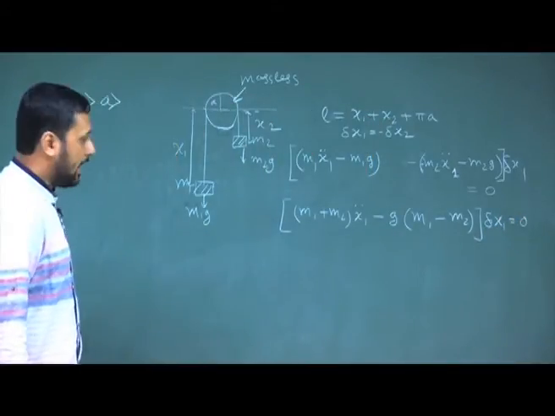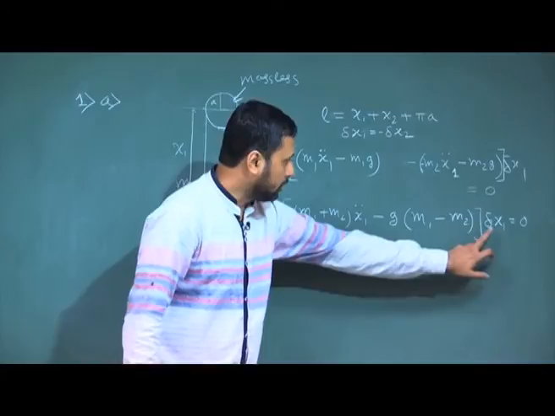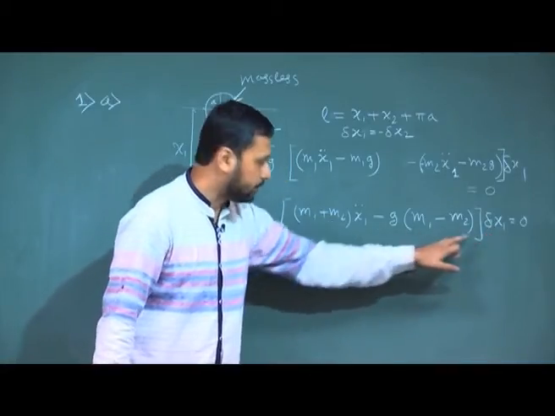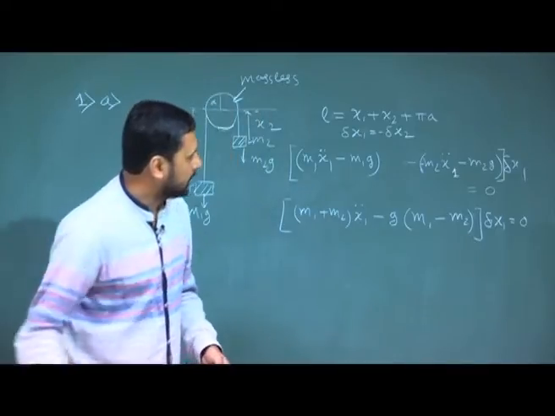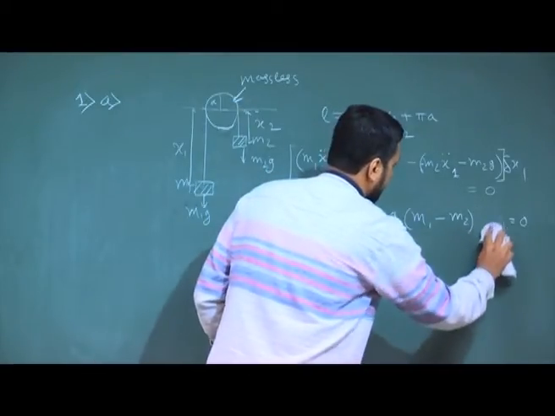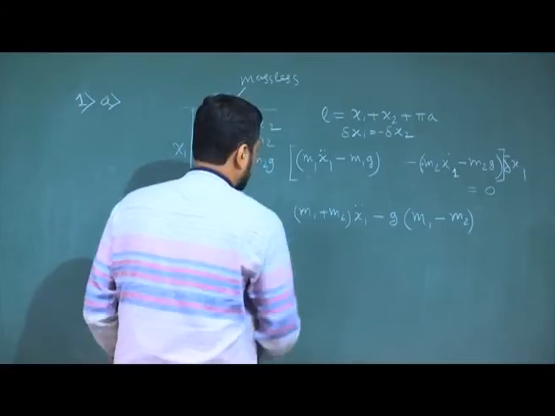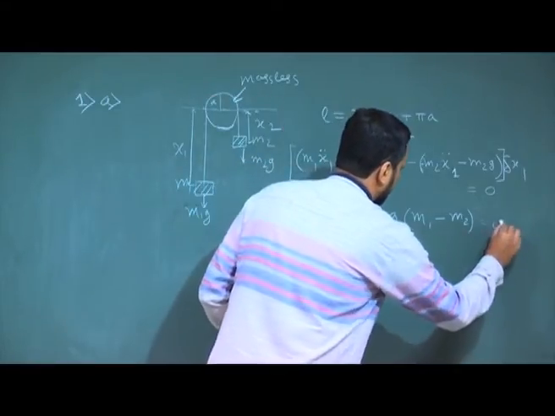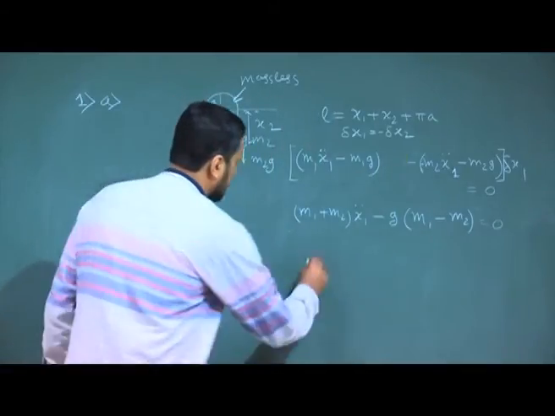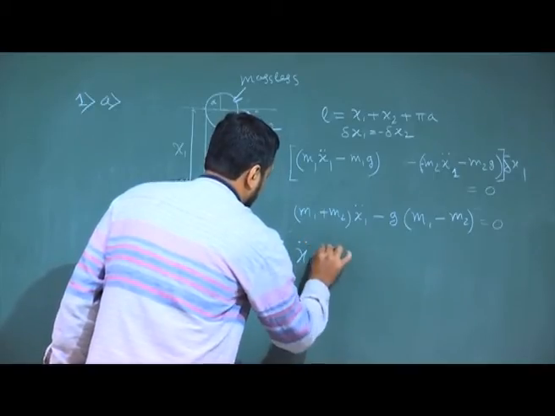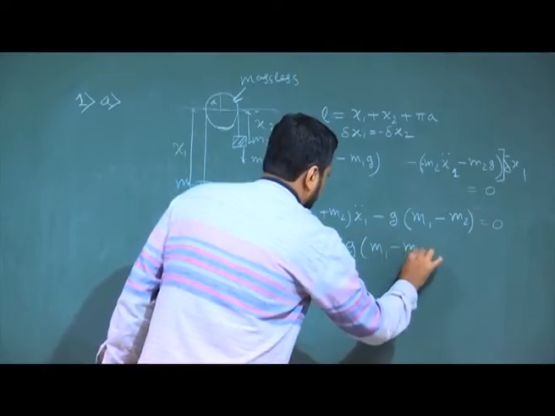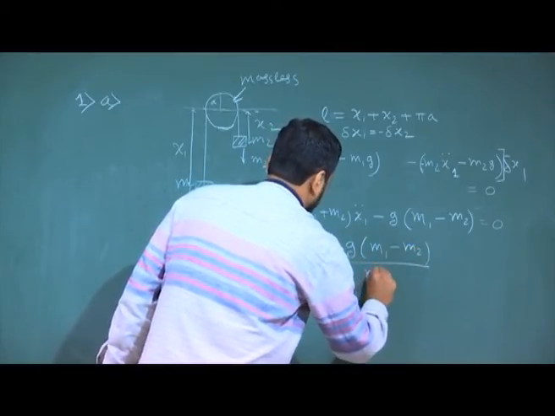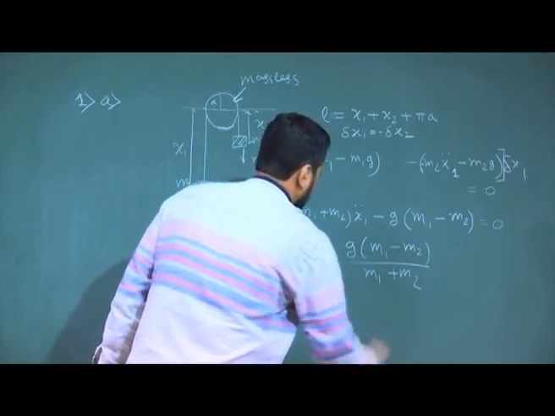And now, because there is only one coefficient of delta x1, the whole thing can be equated to 0. So, we can get rid of this delta x1 as well, and put this equal to 0, which gives you x1 double dot is equal to g times m1 minus m2 divided by m1 plus m2.